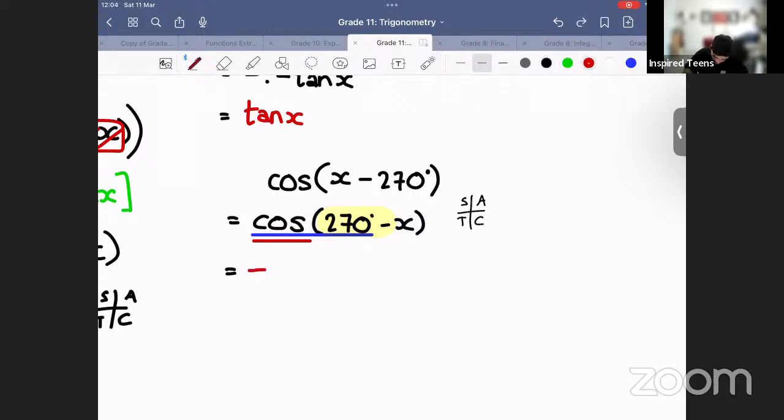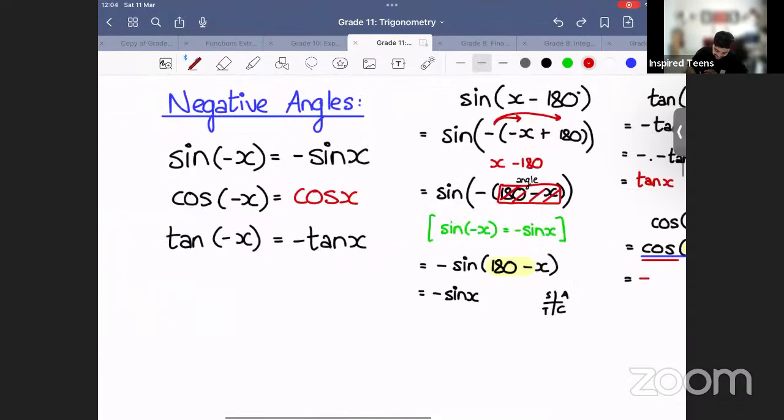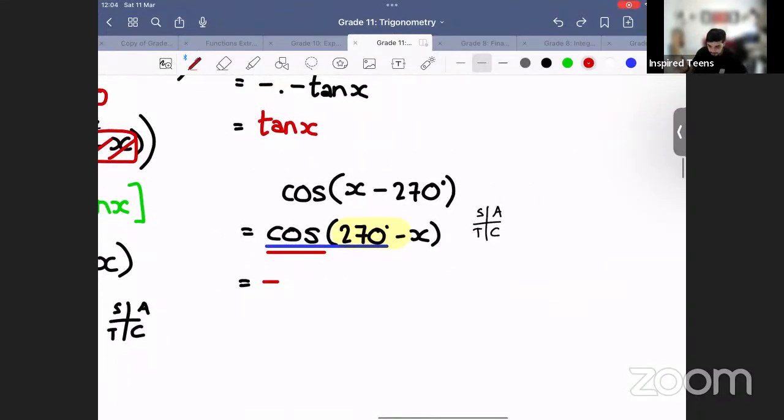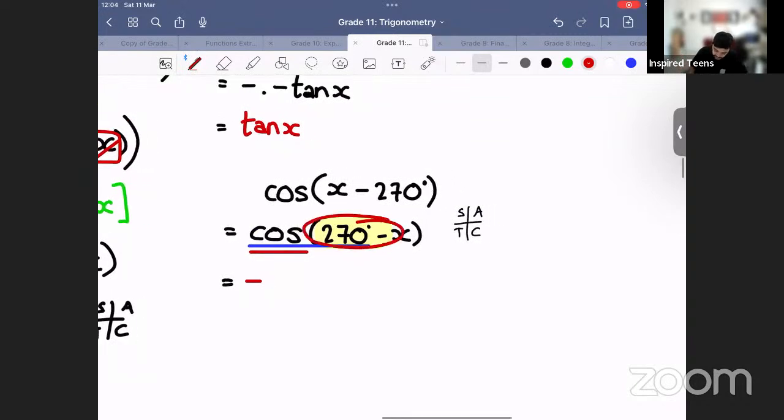A lot of people, when it comes to taking out the negative bracket with cos, get scared to put the negative in front. Please note that cos can become negative from reduction. The only negative that cos will swallow is when it's a negative angle itself. However, cos can get a negative from reduction when you're reducing using these angles.